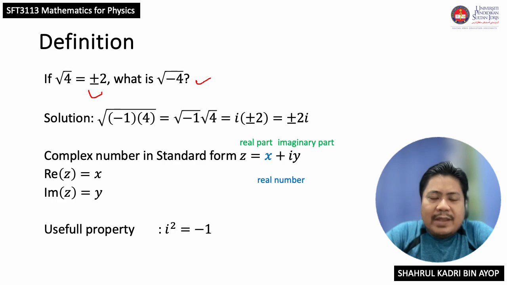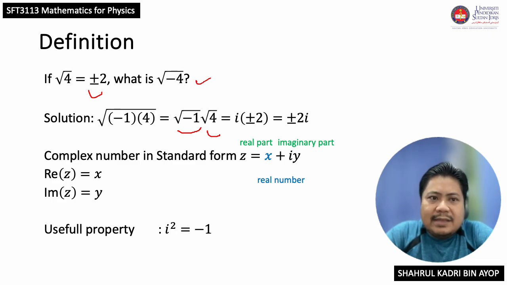One of the ways we can get it is to separate it as negative 1 times 4 under the square root, and separate it as the multiplication of the square root of minus 1 multiplied by the square root of 4.